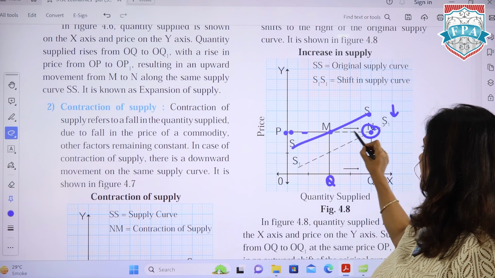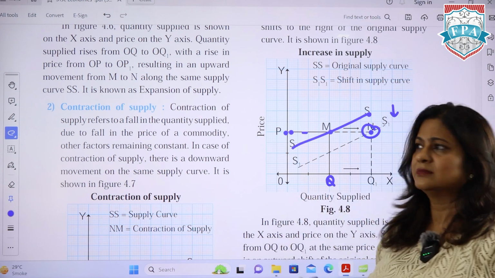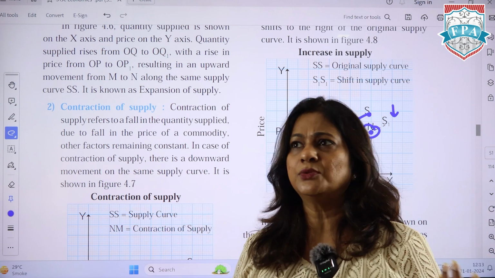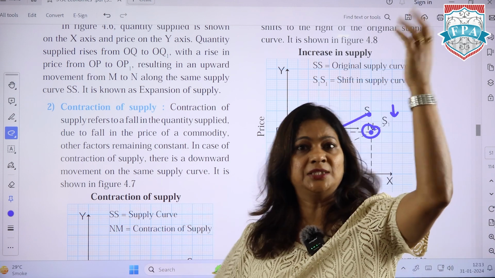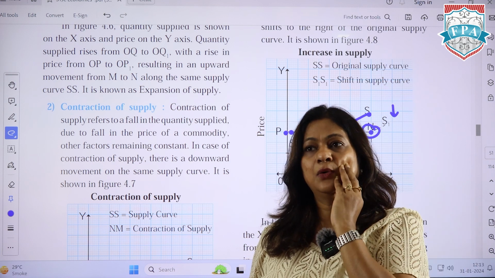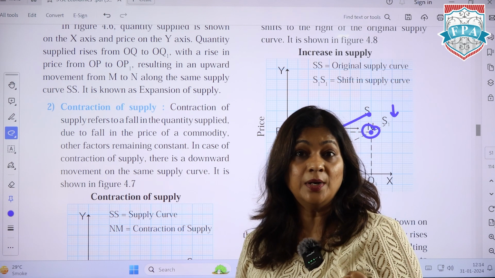But supply has reduced. What could be the reason? We studied so many reasons. Any reason could be possible. Let's say there's a change in technology. Now if there's a change in technology, what is happening? The cost of production is going lower.